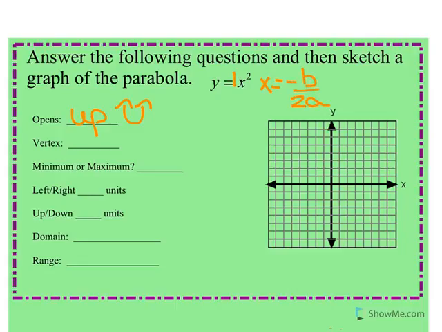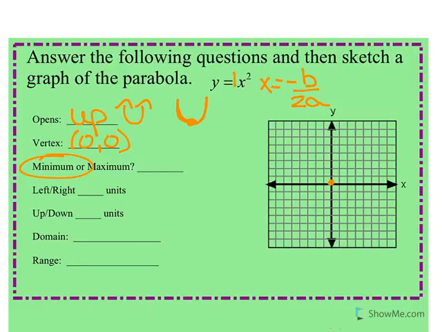However, because it is only x squared and nothing else has been added to it, we know the vertex for the parent function is located at the origin 0, 0. Because my parabola is opening up, that means the vertex is the lowest point before the parabola begins to move up. So that is a minimum value.